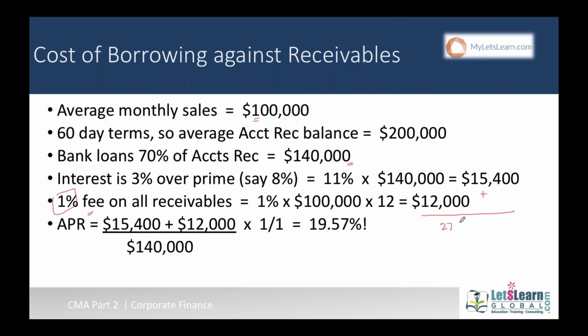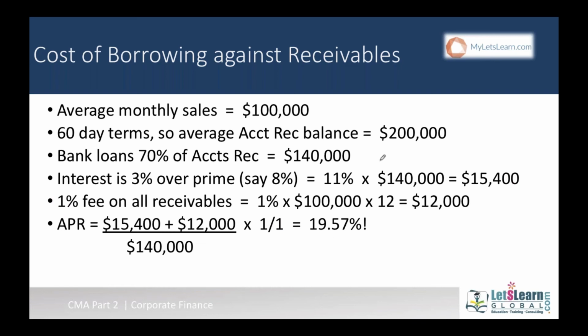Now 27,400 is the total interest and fee on the loan amount received, 140,000. This is an annualized amount, therefore 12 months divided by 12 months, you can ignore this. So your cost of this accounts receivable finance is 19.57%.